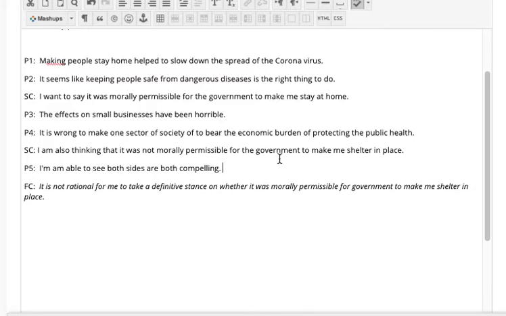So I am able to see both sides, maybe because they see them as both compelling. Okay. I'm able to see that each side of the argument is compelling. I'm able to see good reasons on both sides of the argument, because that's why they're saying they're torn, right? They're torn between their appreciation for the logic in both arguments. Could also say something like that. So I'm able to see both sides are compelling.